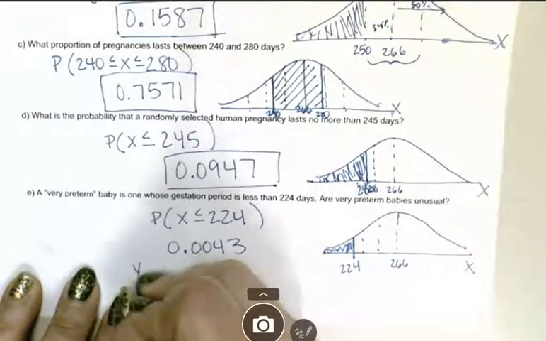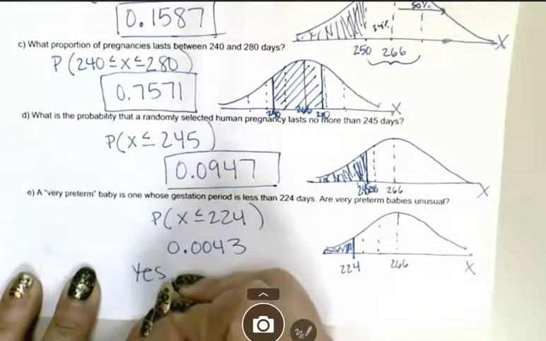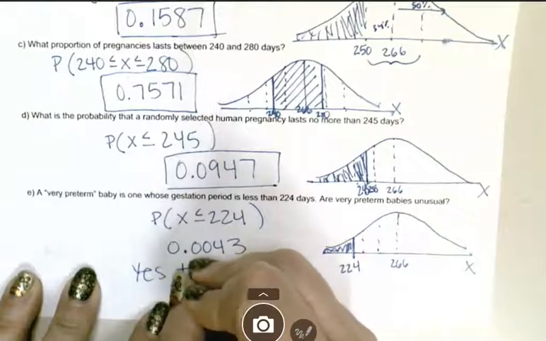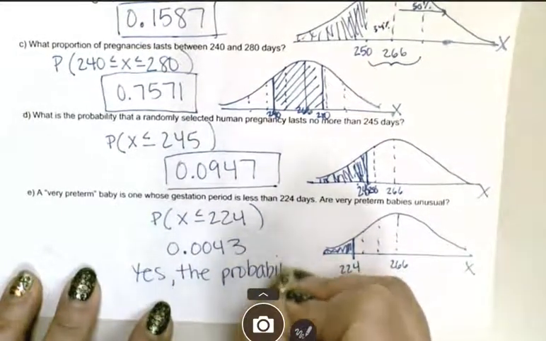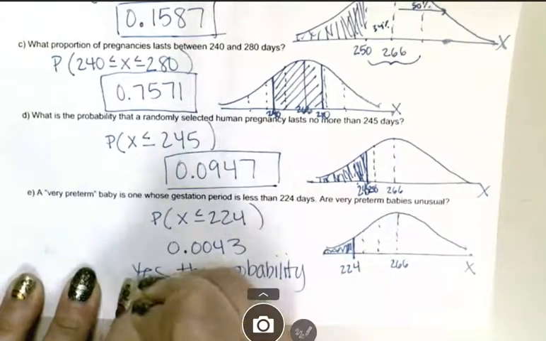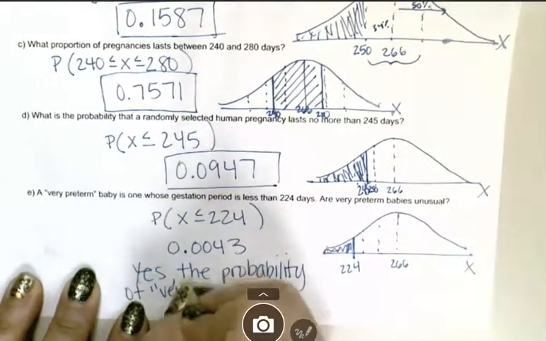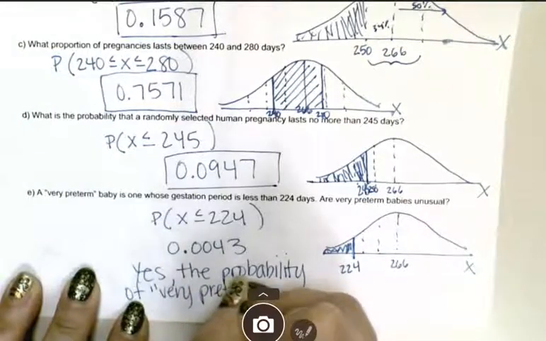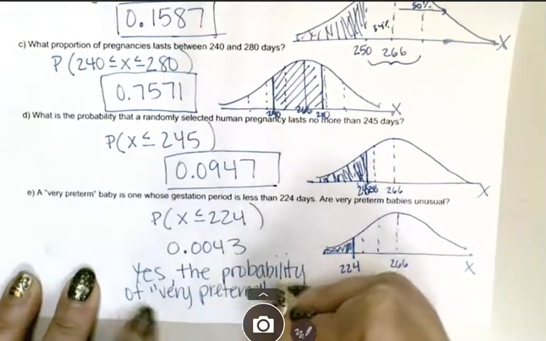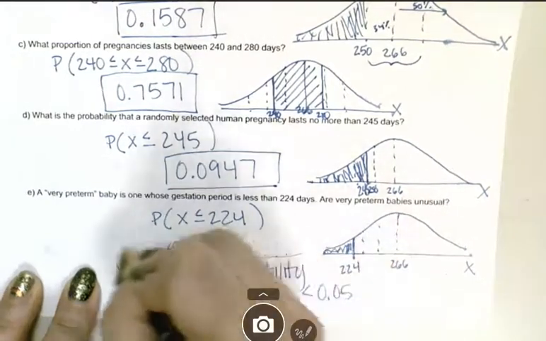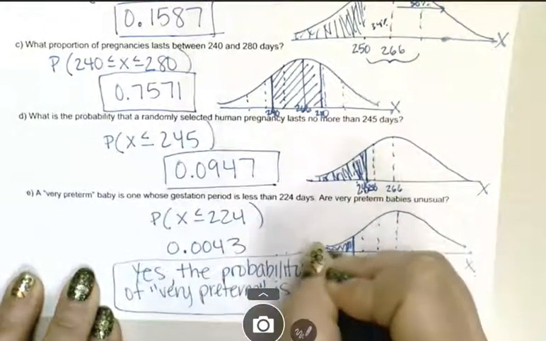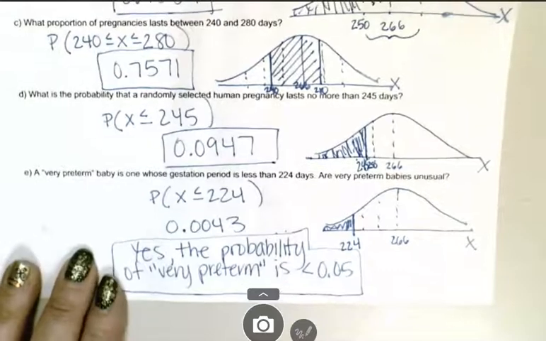So we would say yes, because the probability of very preterm is less than 0.05.